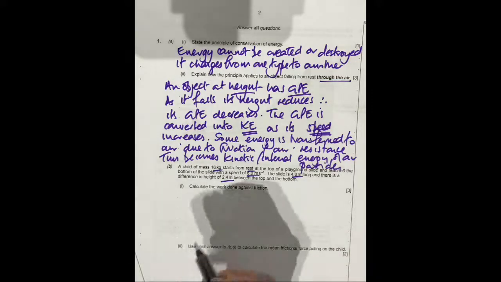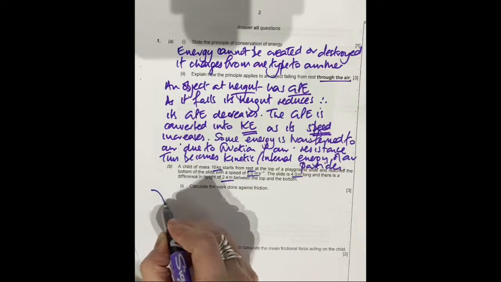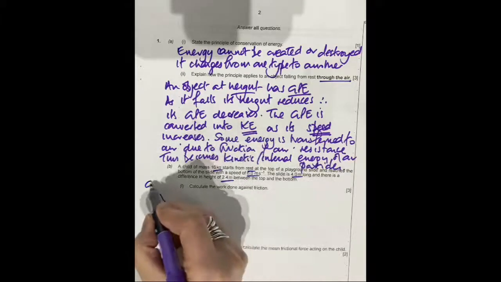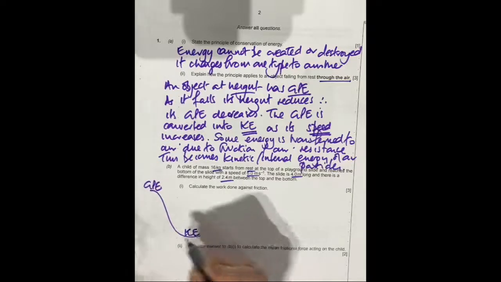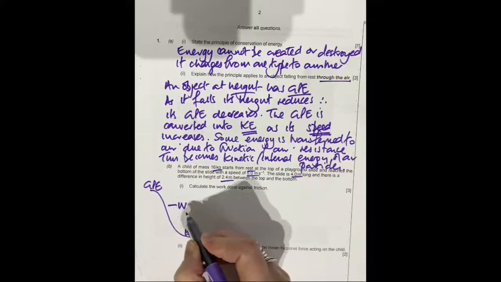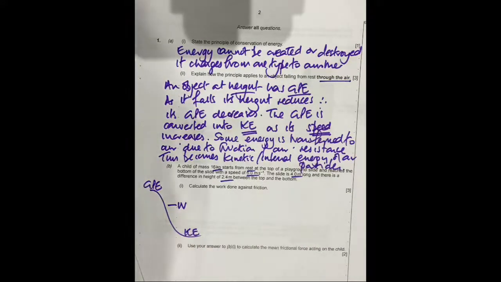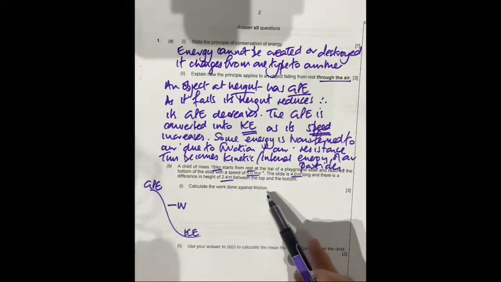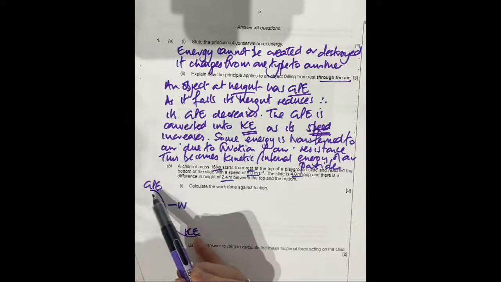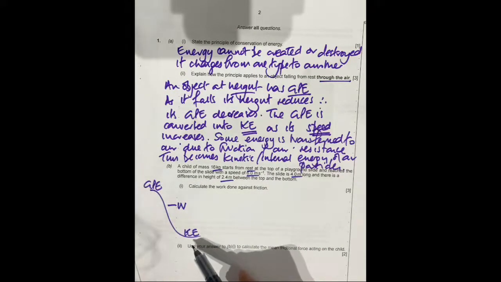Okay, so the child is going from the top to the bottom. There is GPE transferred to KE, but there is also some work done. All right, so calculate the work done against friction. We need to work out the GPE at the top and the KE at the bottom, don't we?